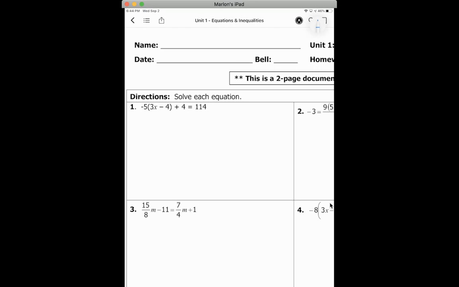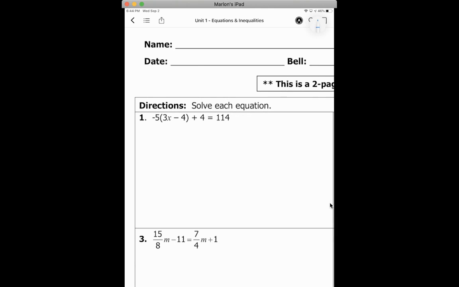All right, so what's the first thing we do? We try to distribute the negative 5 so we can eliminate that parentheses. So let's do that. Negative 5 times 3x is negative 15x.